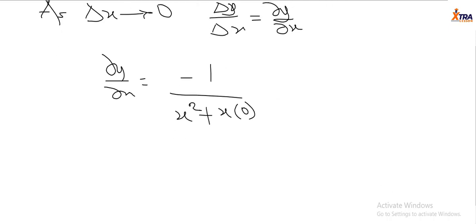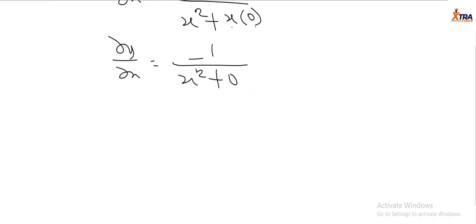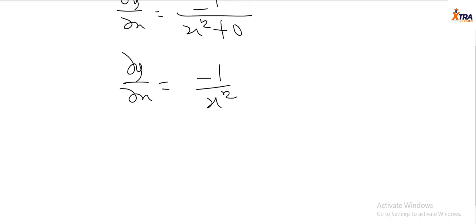So dy over dx now equals minus 1 over x squared plus what? x times 0 is what? 0. So we have dy over dx equals minus 1 over x squared, which I can change to index form: dy over dx equals minus x to the power minus 2.